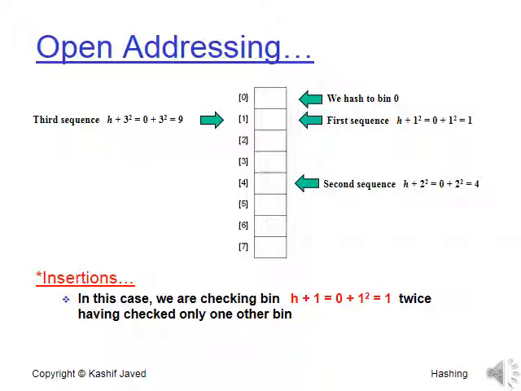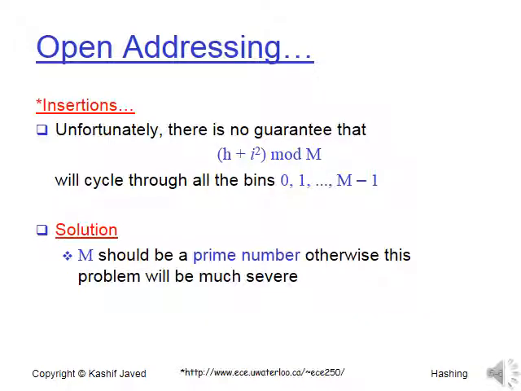You can observe that in this case we are checking bin h plus 1 twice, having checked only one other bin, meaning we have checked bin 1 twice during first sequence and third sequence. The modulo operator is applied with respect to the table size m, which is h plus I square, the whole term mod m.